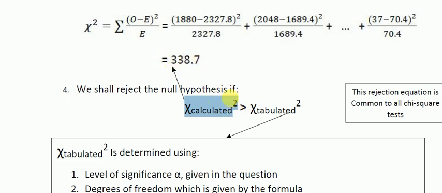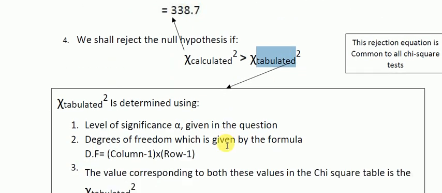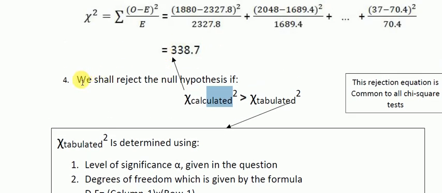Now we have another value which is called the chi-square tabulated, and there are a set of steps we have to follow to get it. We'll use the chi-square table to get this value. Then we'll compare both of them and see whether we reject the null hypothesis or fail to reject the null hypothesis.